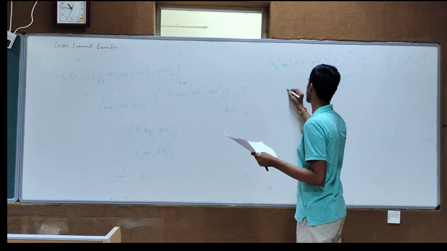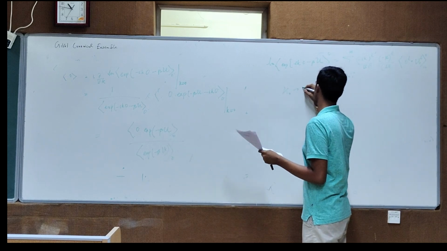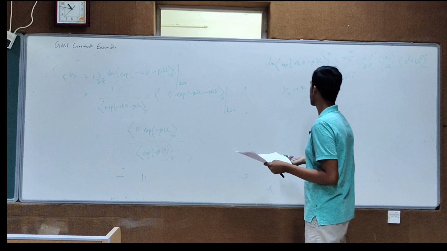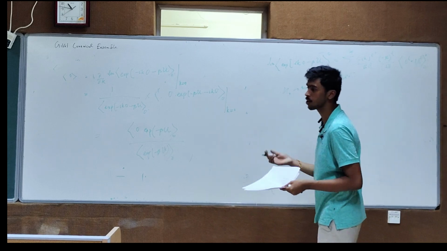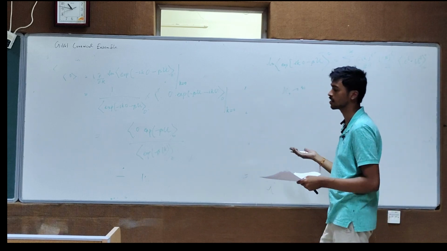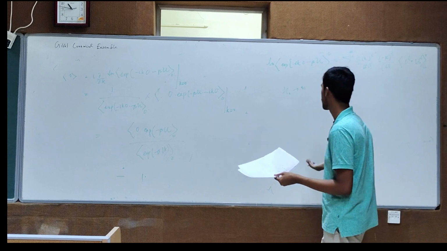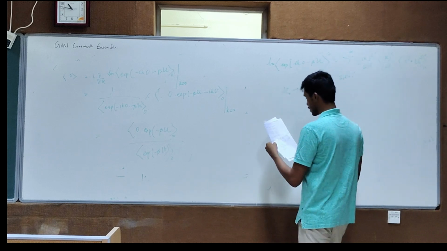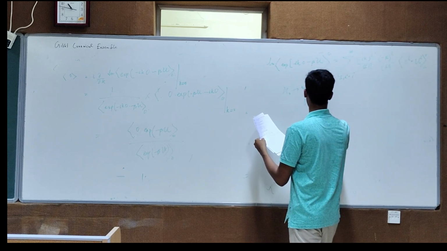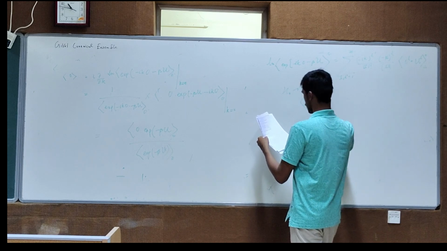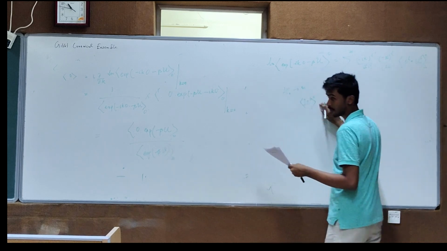And now suppose your H naught does not depend on Qi. Suppose your H naught was just the sum over the kinetic energy Pi square. So then your UL, this is the moment.